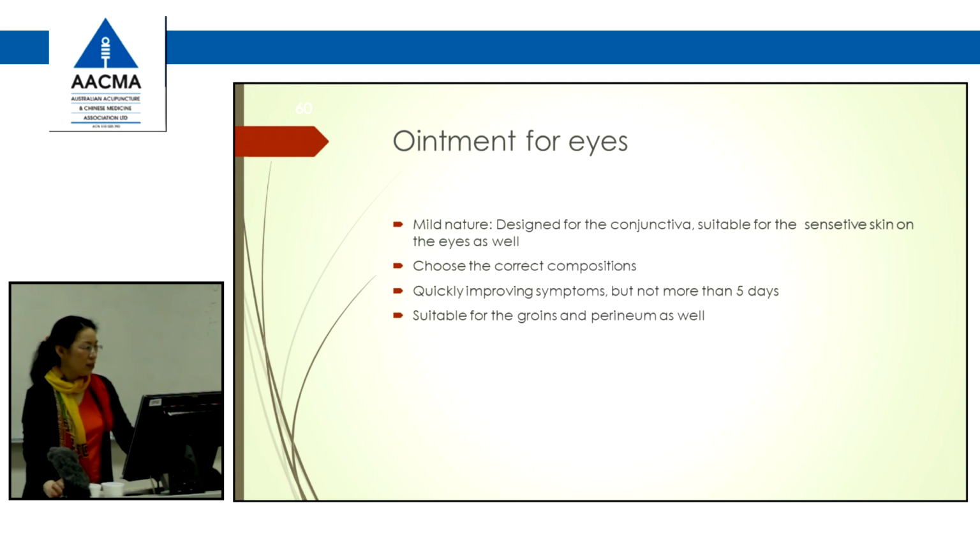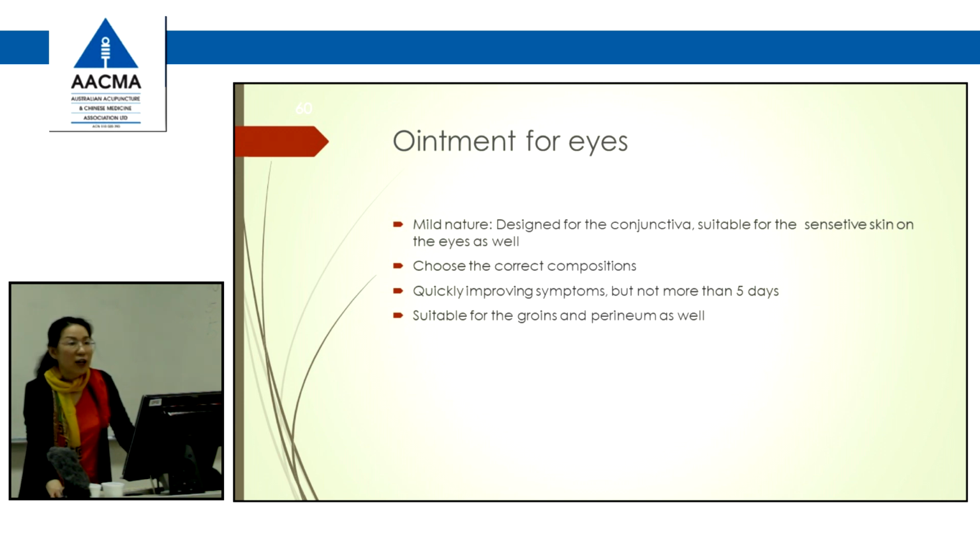The ointment for eyes, if you choose the correct compositions, can quickly improve the condition. If the ointment has some steroids, don't worry about it. You can use it for not more than 5 days. That doesn't produce steroid dependent dermatitis, not in such a short time.